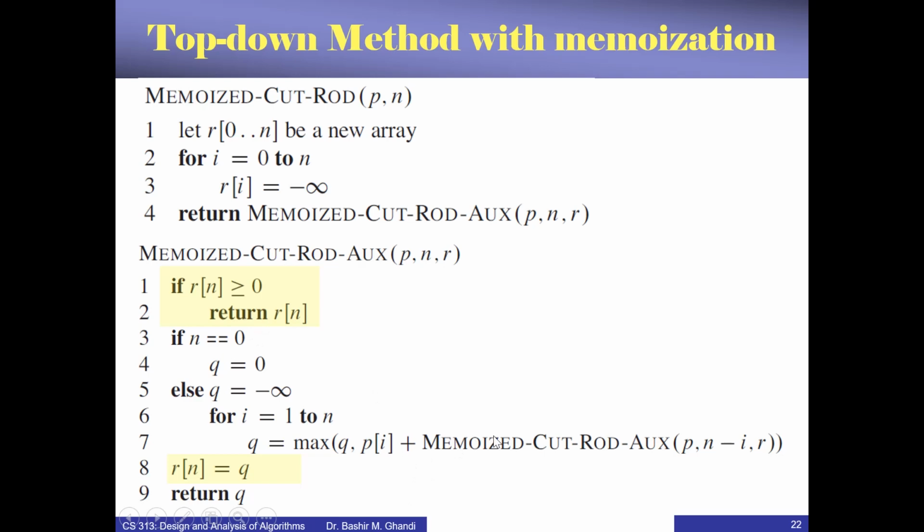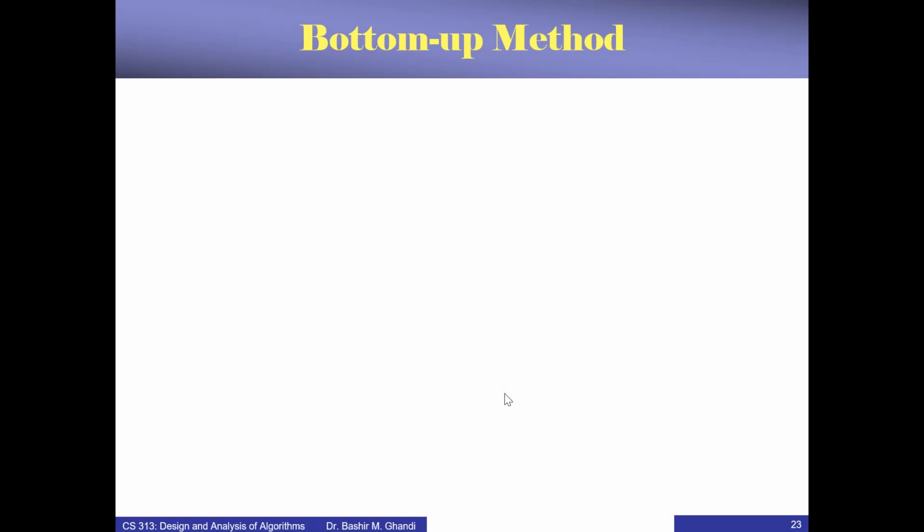So although this looks very similar to the recursive version, actually it is much better. After computing q, again, don't just return it. Save it in the array in position n before returning q. This is basically the memoized version of the routine.